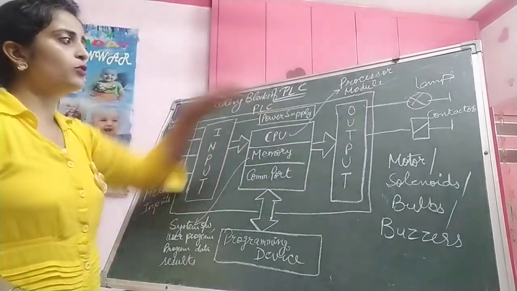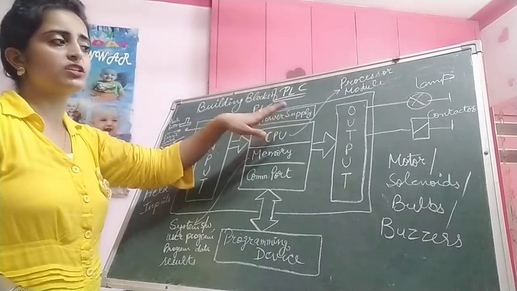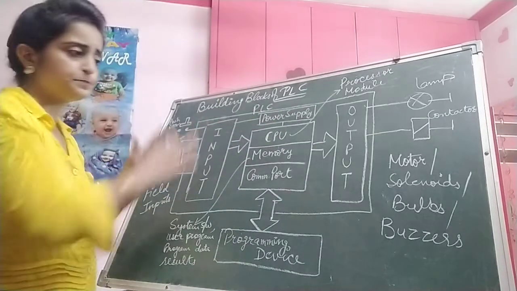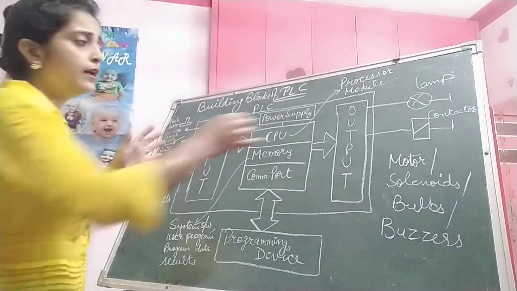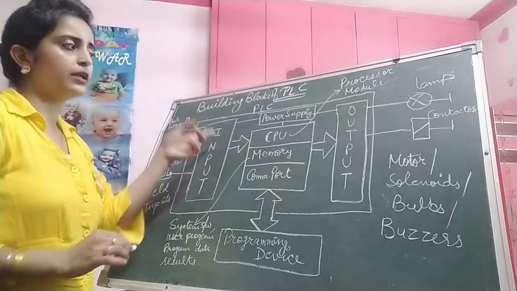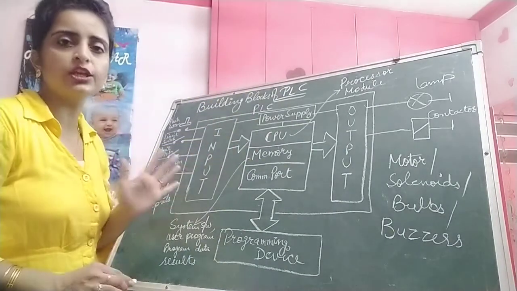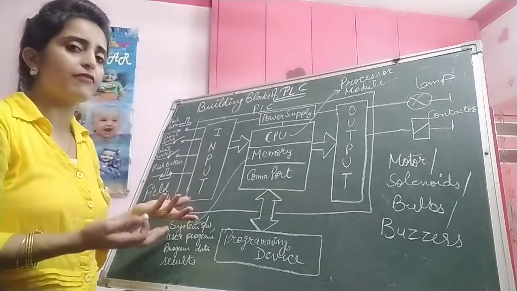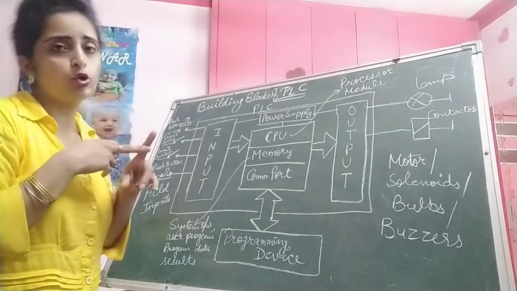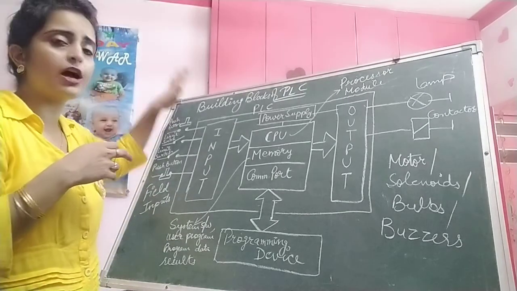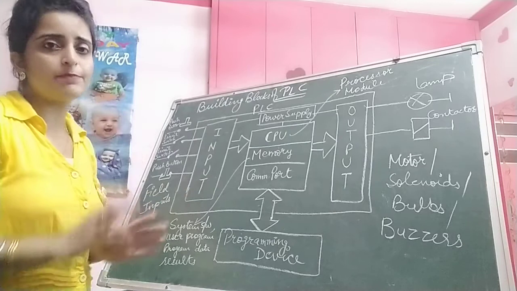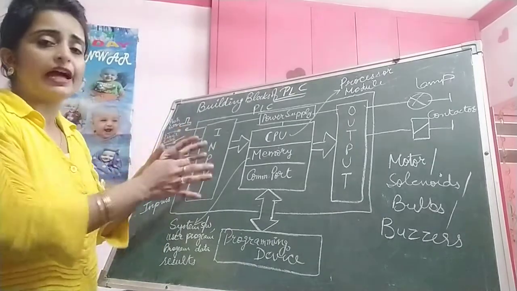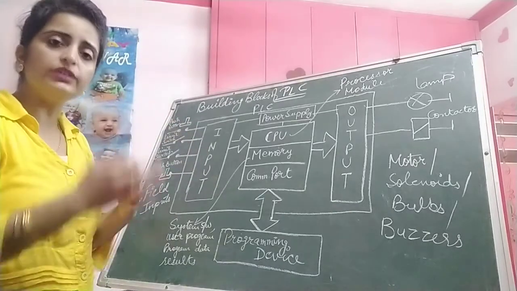Now the power supply section is basically for providing supply to all the modules that are connected, whether it is the output module, the input module, or the processing unit. Each and every part of the PLC needs some power supply. That power supply could be AC or DC. If we provide the AC power supply, it has rectifiers, filters, and other components inside, so that it can convert it into DC.